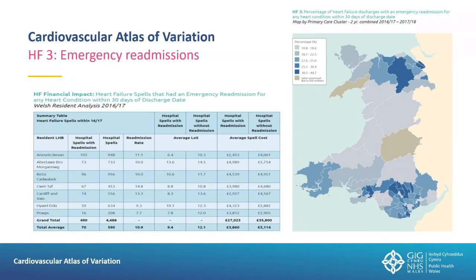This map just tells us there is variation, and our next job is to try and understand why. So the idea of the atlas is to bring these things to people's attention and make them look and find out why there is variation. And I think the dashboard will do something very similar. Okay, next slide.